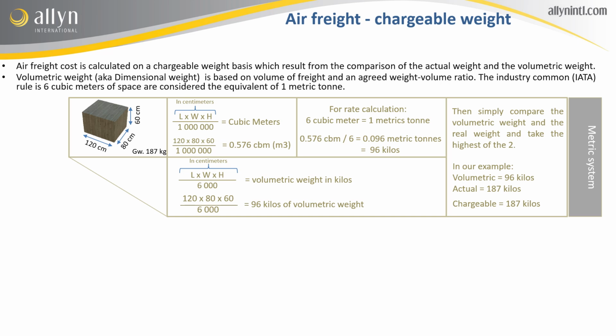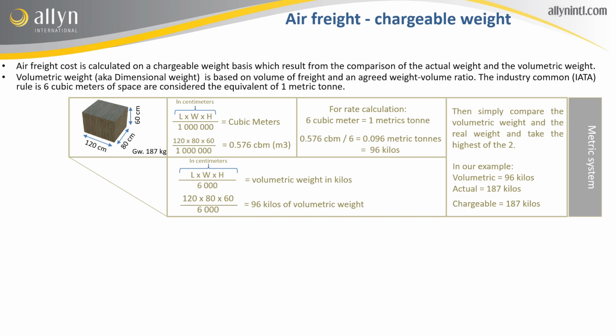We then simply compare this weight with the real weight, also called the actual weight, and take the highest of the two. So in our example, the volumetric is 96, the actual is 187, therefore the chargeable weight will be 187.